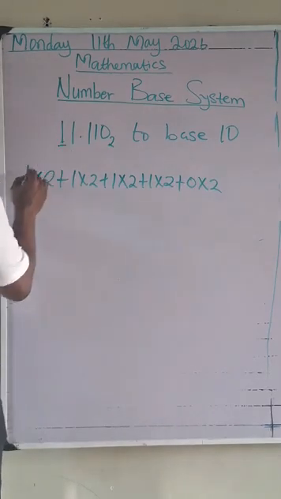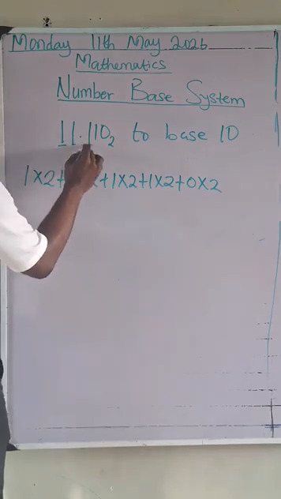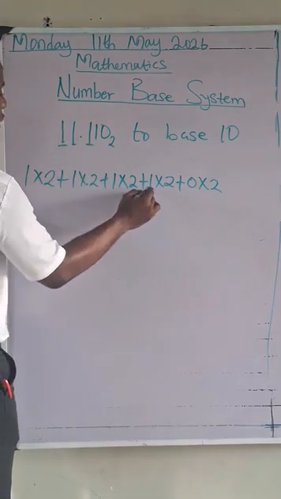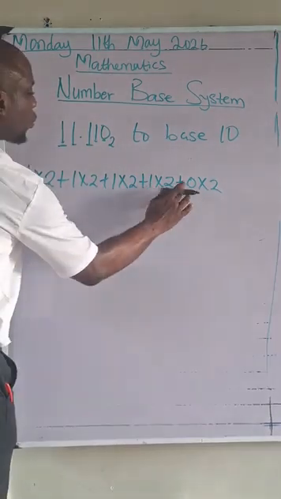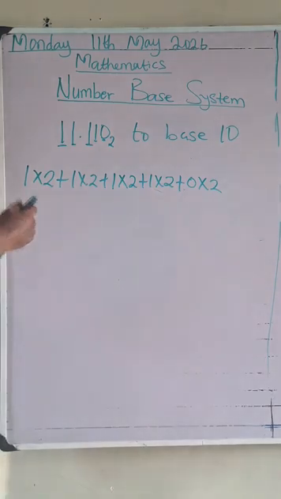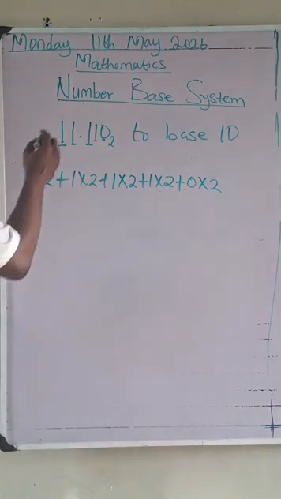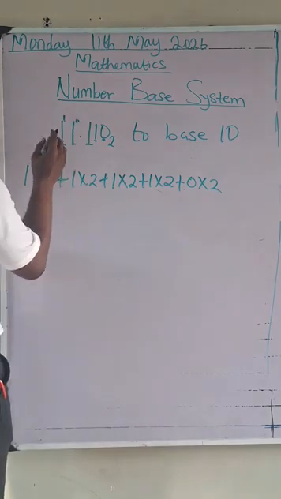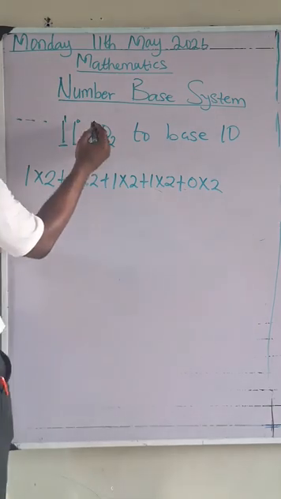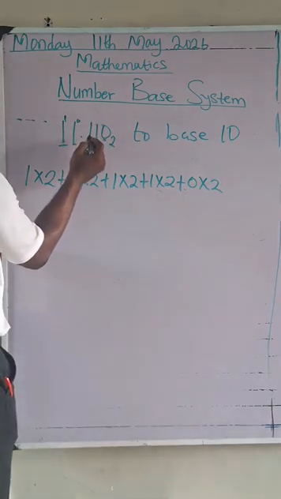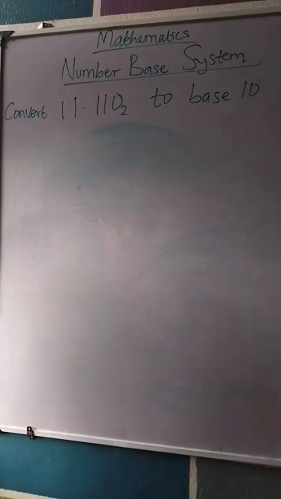So how will I differentiate my decimal point? It's very simple. From this place it is 0 and 1. You continue counting like that, so 2, 3, 4, 5, like that. But in this instance, you have points, so this one becomes 1.